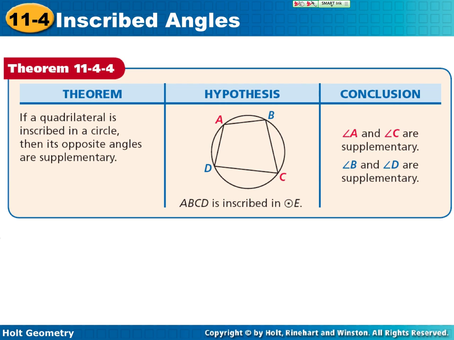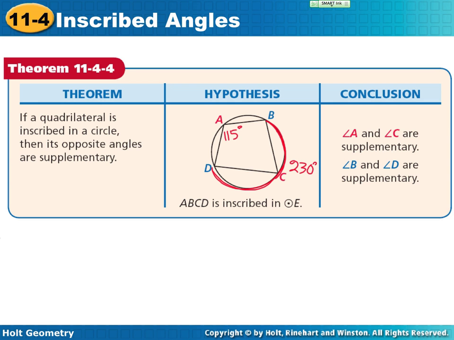Let's come up with the arc. Arc BCD, this whole arc in red, that goes quite a ways around the circle, is 230 degrees. Okay, angle A subtends that arc, so angle A is 115.